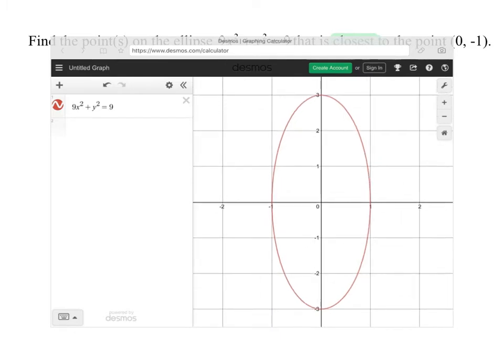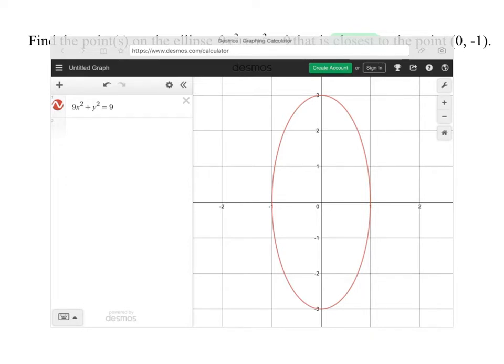And this problem says that we want to find the point on the ellipse that is closest to this point here, which is (0, -1). So if you just eyeball where you would be located on the ellipse and be as close as possible to this point, you might say you'd be somewhere about here. Maybe somewhere in that region would be as close as possible to the point (0, -1).